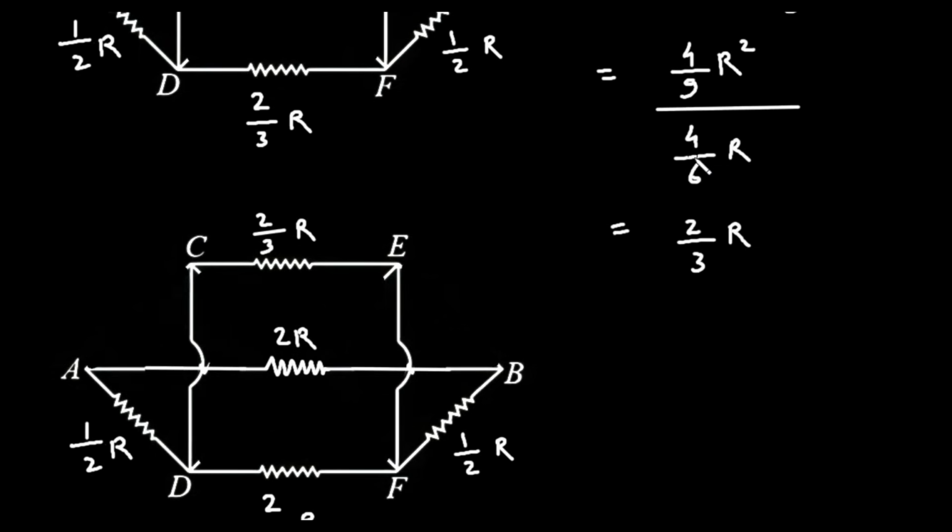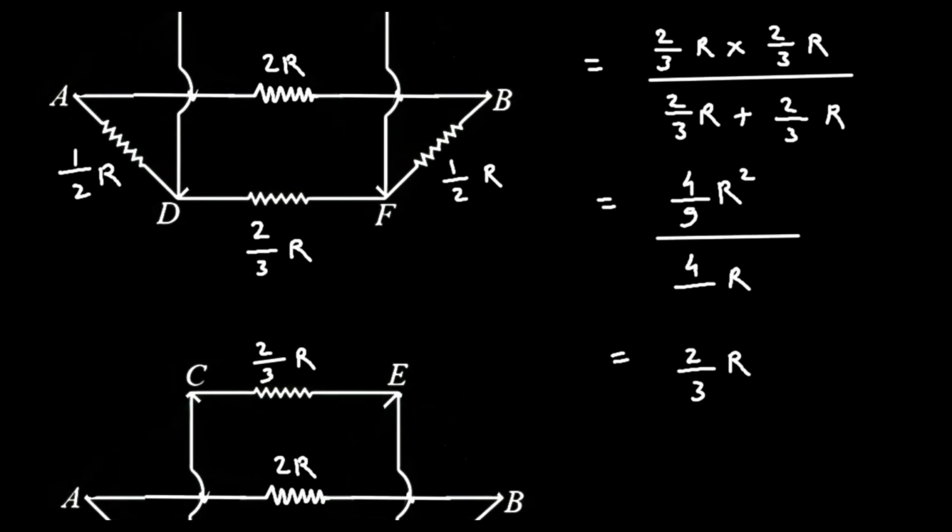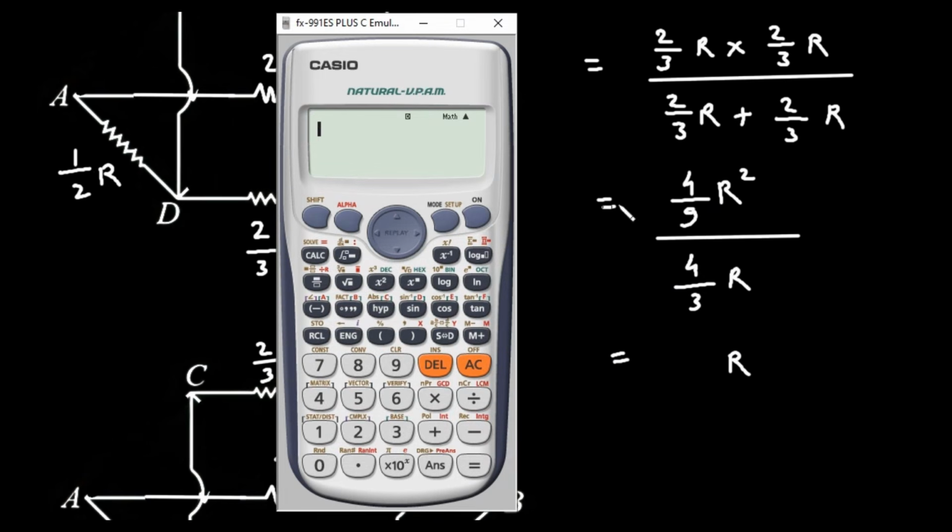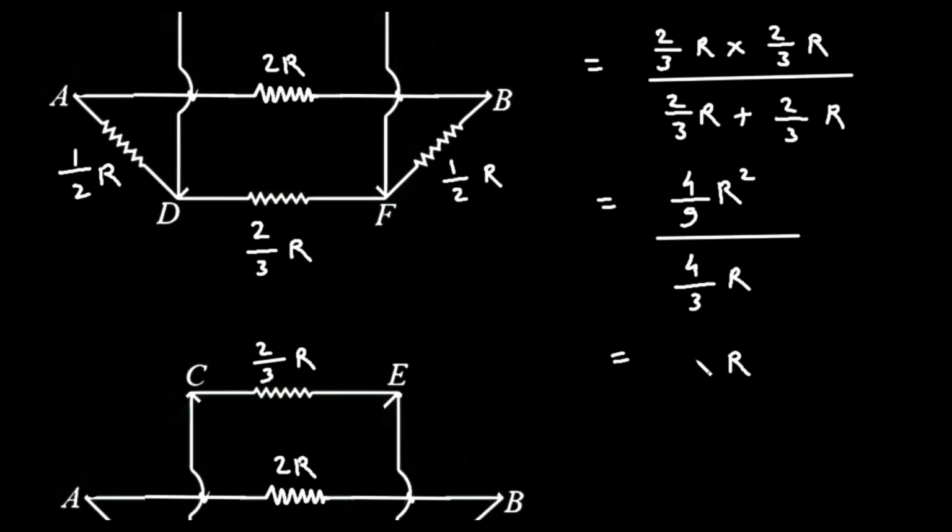Now here there is a slight mistake. This will be 4 by 3. So it will be 4 by 3 and this will be, now if we divide 4 by 9 with 4 by 3, it will be 1 by 3.